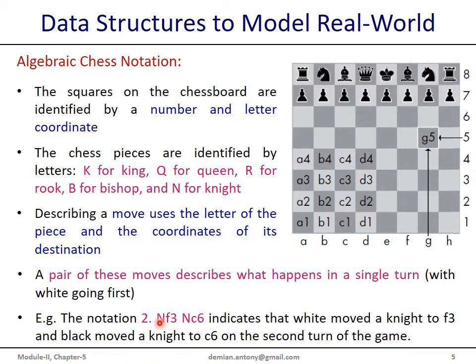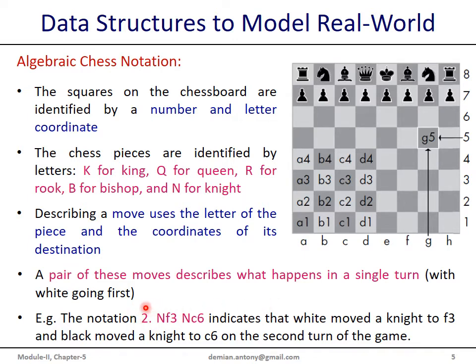N is a knight, moved to f3, f here and 3 this place, and black moved a knight to c6, this location. And this was a notation used by the players.